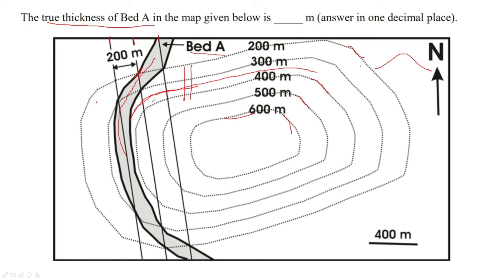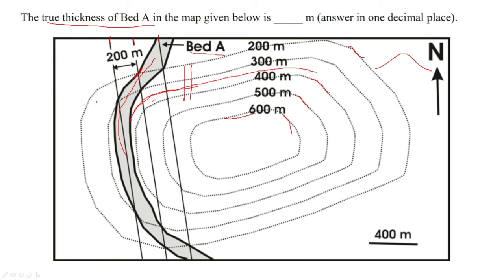So now you only have to observe these stratum contours, and for that you must be aware of the fact that the stratum contours are made for a particular bedding plane or a contact between two beds and not for a bed as a whole.